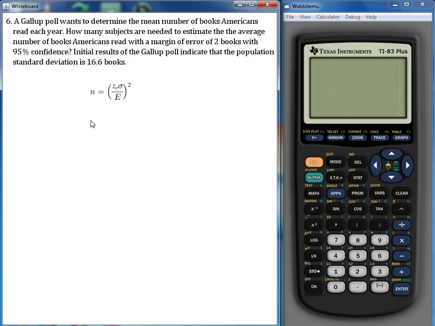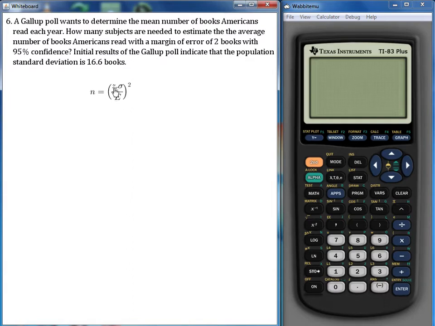We'll talk about that in a sec. Sigma is a population standard deviation. This is all based off of a normal distribution, so you'll need to at least have that as an estimate. But it's fine if you want to substitute a sample standard deviation in this case. E is the margin of error that you're going to use.